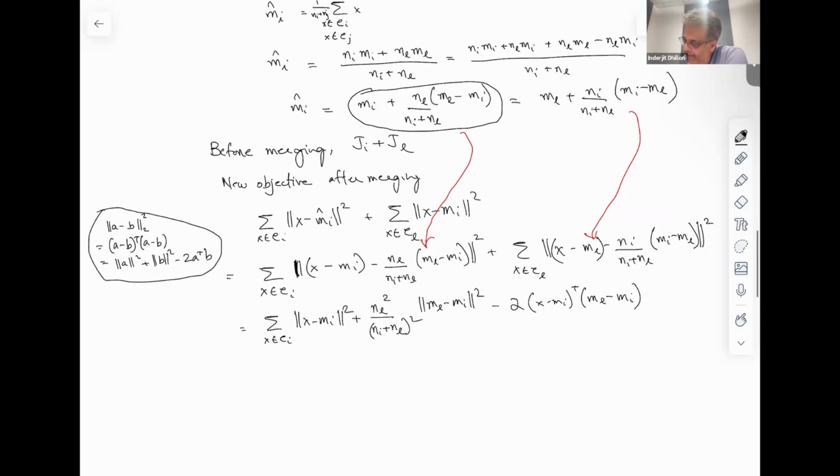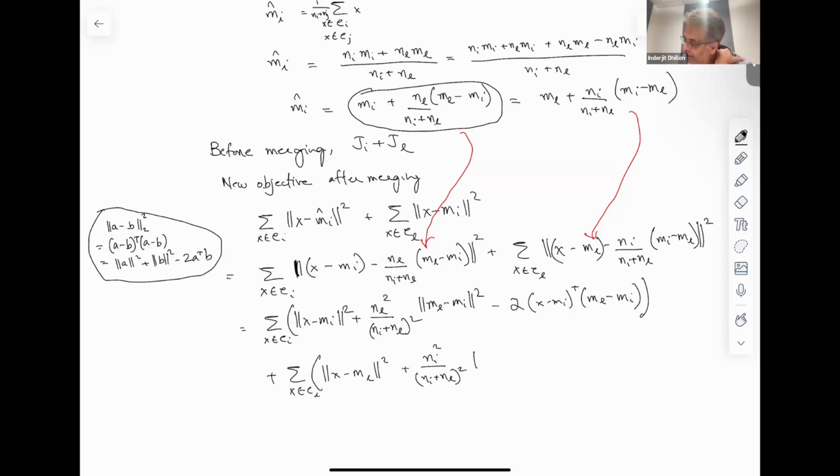And then I have this term. x belongs to Cl, x minus Ml squared plus, remember, all this is within the summation sign. Similarly over here, I have Ni divided by Ni plus Nl squared.